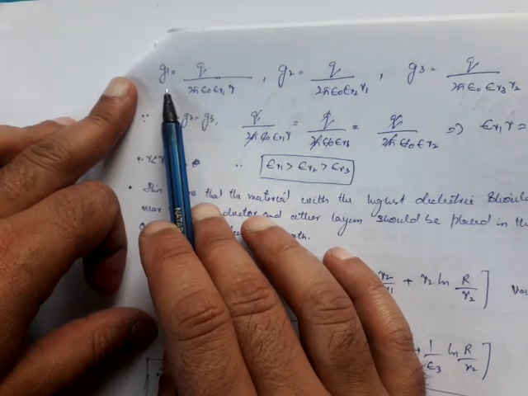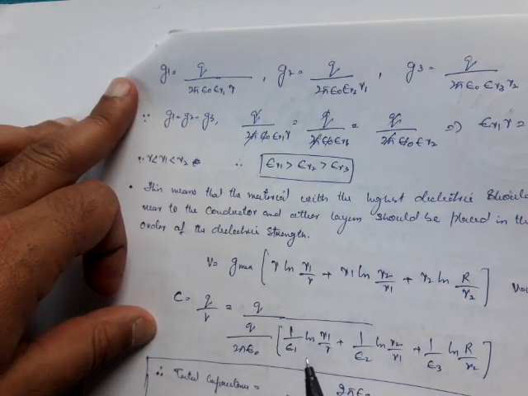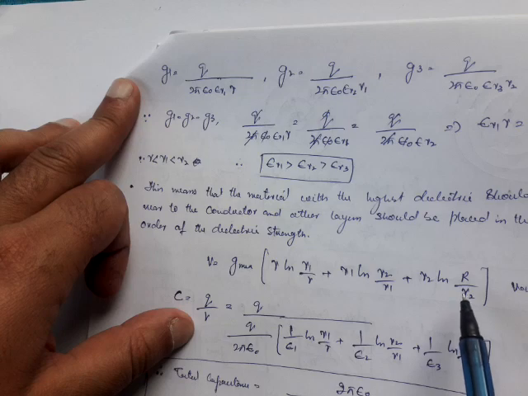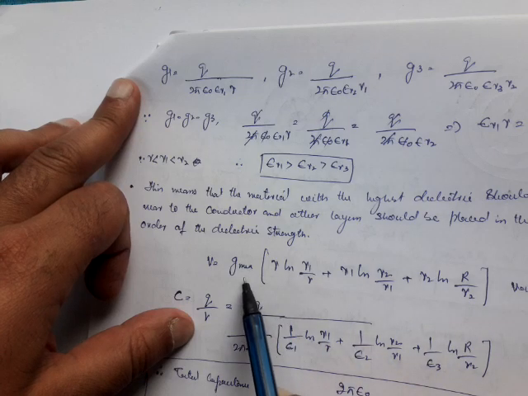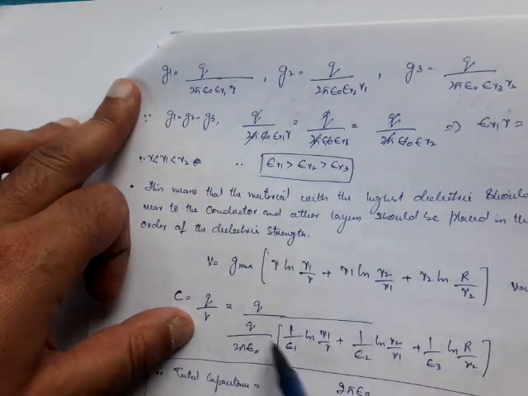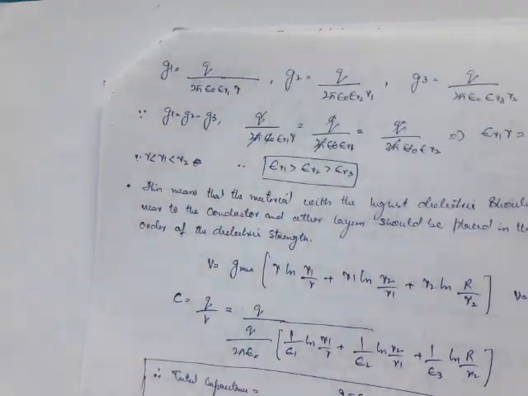When you write V is equal to Gmax ln of this, you have to replace this Gmax in terms of Q divided by this, and then that Q will cancel out. Finally you will get this. You can do it on your own.